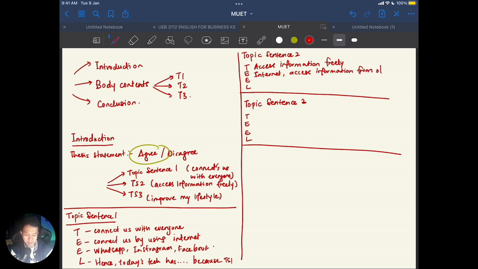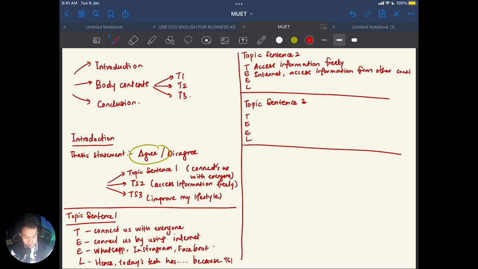Maybe over here, if you want to go traveling or visit some places, you can access information about that place through the internet. Previously, our fathers or mothers, or maybe our grandparents, they had to look at maps, they had to look at books in the library to check how to travel or interesting places around. But when we have internet, we can check it out.